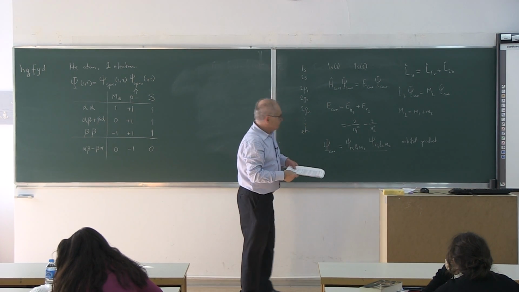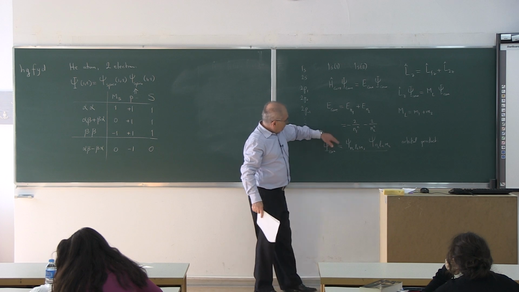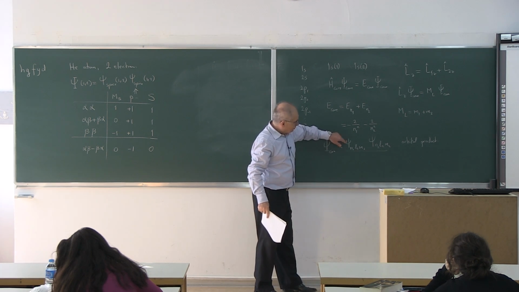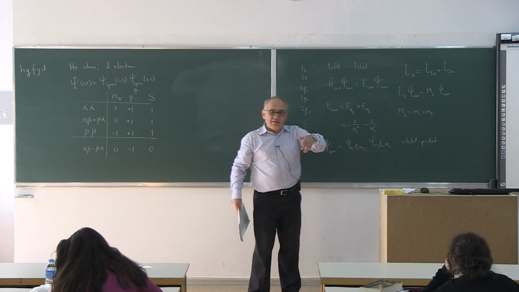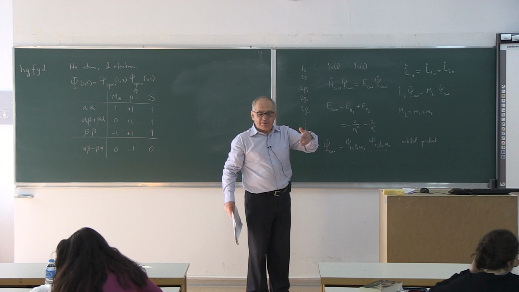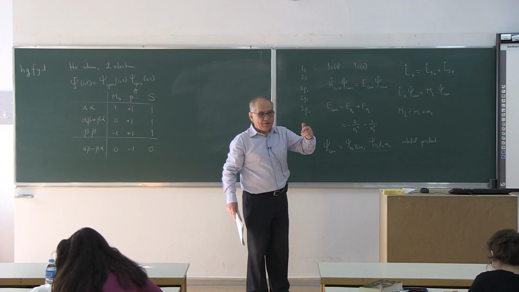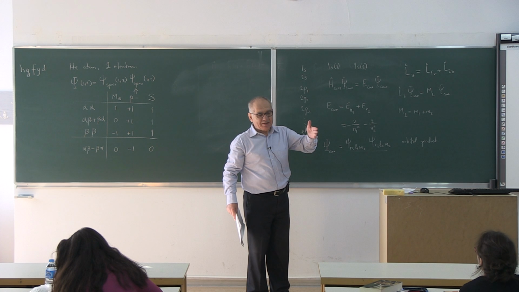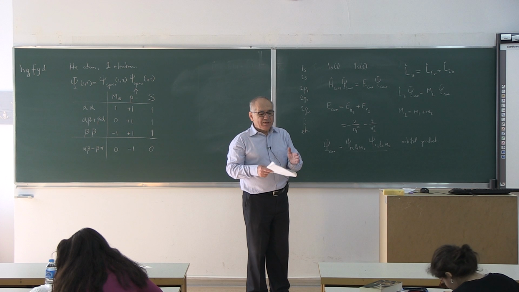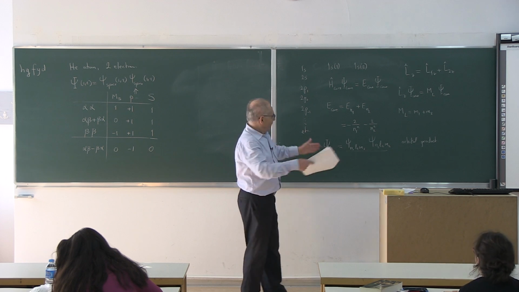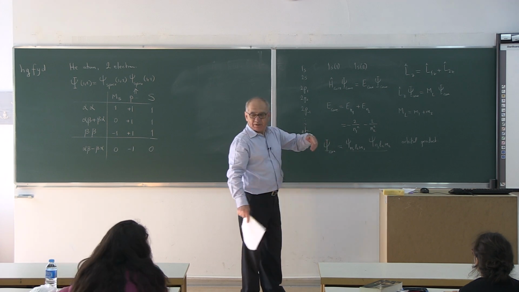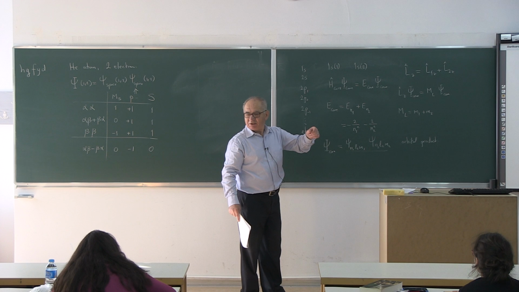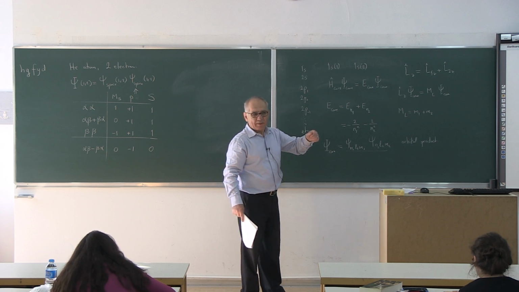Now, in general, what we have written down here for the orbital product is for just two electrons. But we can generalize this to more than 2 electrons. So atoms, those atoms with 3 electrons, 4 electrons, 5, and so on. The procedure is quite similar. For the space part, we multiply the orbitals. The number of orbitals to be multiplied is equal to the number of electrons in the atom.